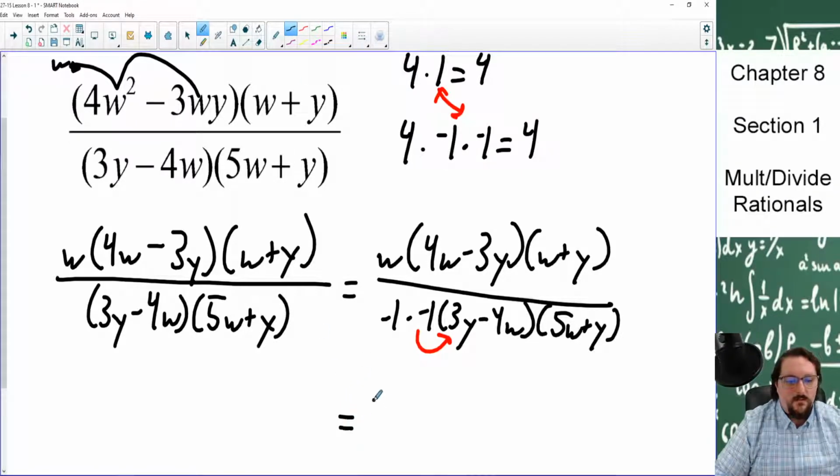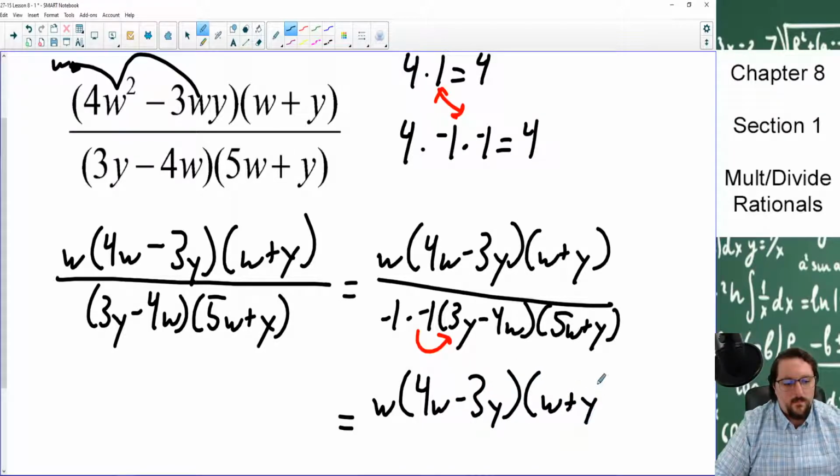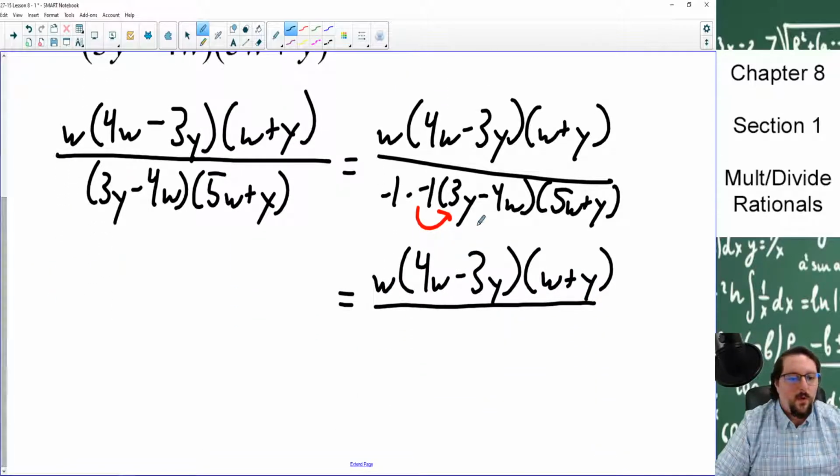So if I do that, my top remains the same. But on the bottom, because I'm choosing to distribute in one of those -1's, I'll leave the first one on the outside. I'm not changing that one. But if I multiply these by -1, my -4w here will become positive, and my 3y will become negative.